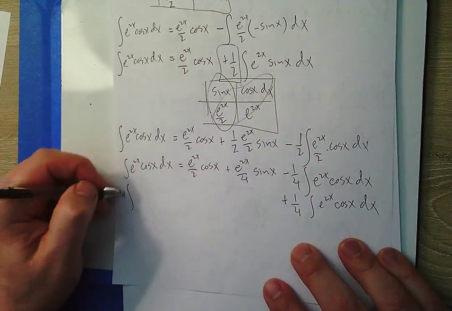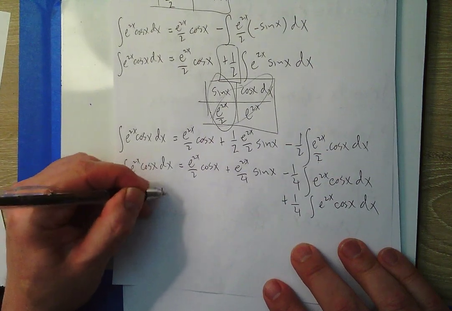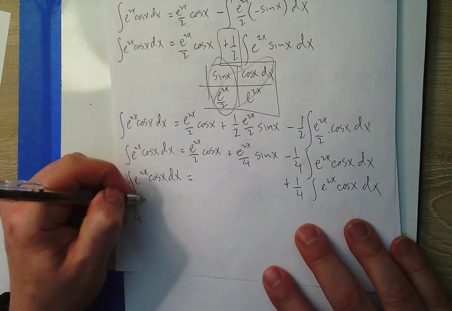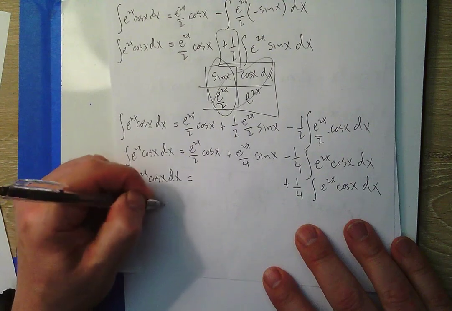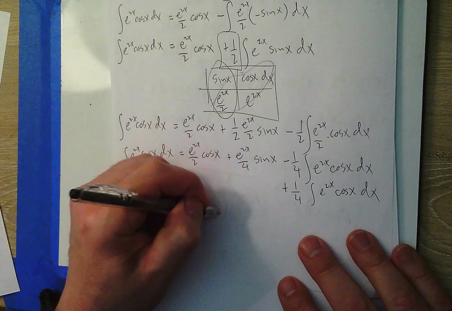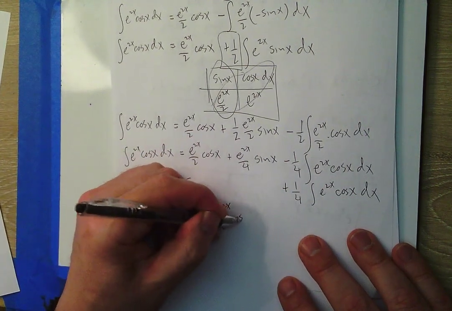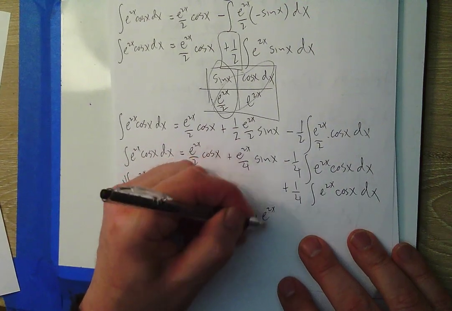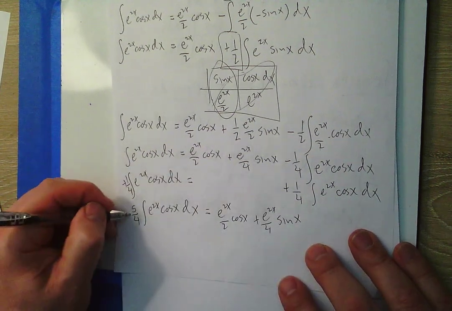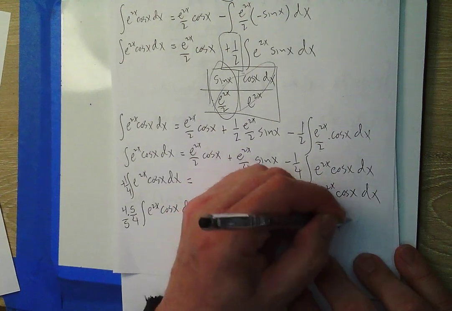So if I add 1/4 to 1, I'm going to end up with 5/4 integral e to the 2x cosine x dx equals e to the 2x over 2 cosine x plus e to the 2x over 4 sine x, and times 4/5. Don't forget the plus c.